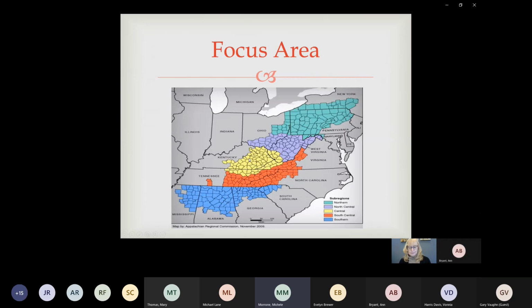The focus area was a 6-county region of 3 adjoining states in South Central Appalachia. These states were North Carolina, Tennessee, and Virginia. The primary researcher, myself, lives in Ashe County, North Carolina, and I chose all the surrounding counties to my home county. It is a rural area, even though rurality is hard to define.